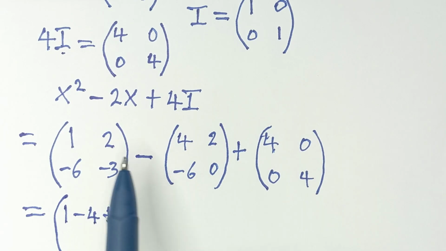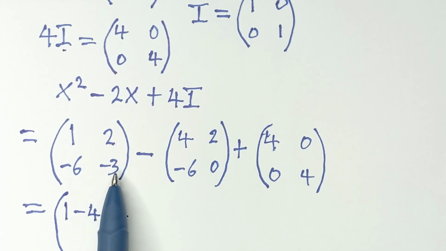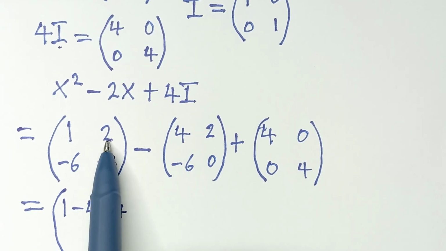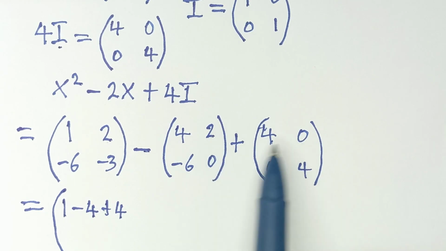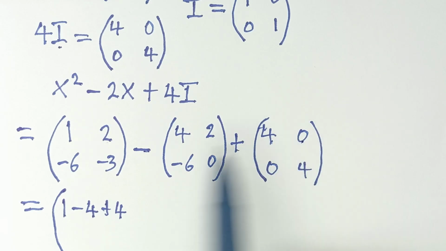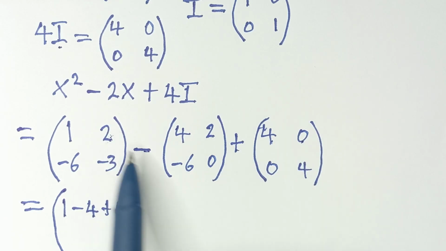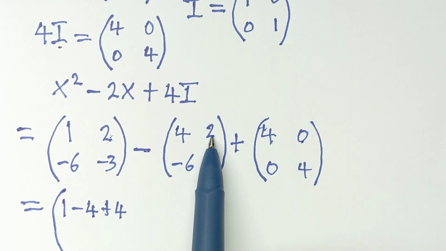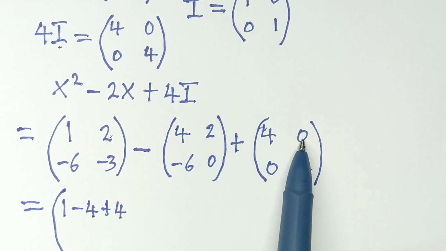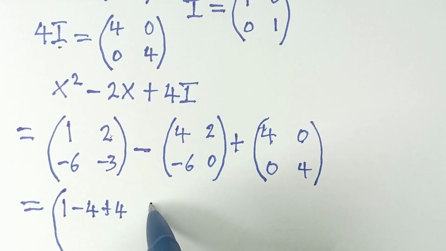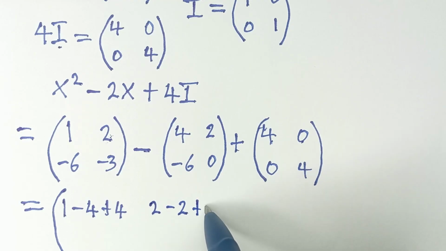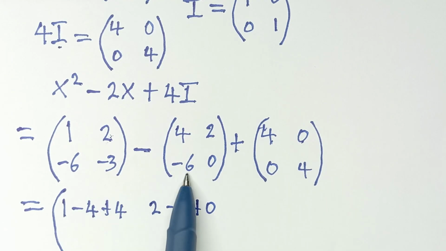And then the second value to obtain there will be 2 minus 2 plus 0. Taking this element now, 2 minus the corresponding value here, 2, and then plus 0. So that will be written as 2 minus 2 plus 0. And then coming down here, I also take the corresponding terms.